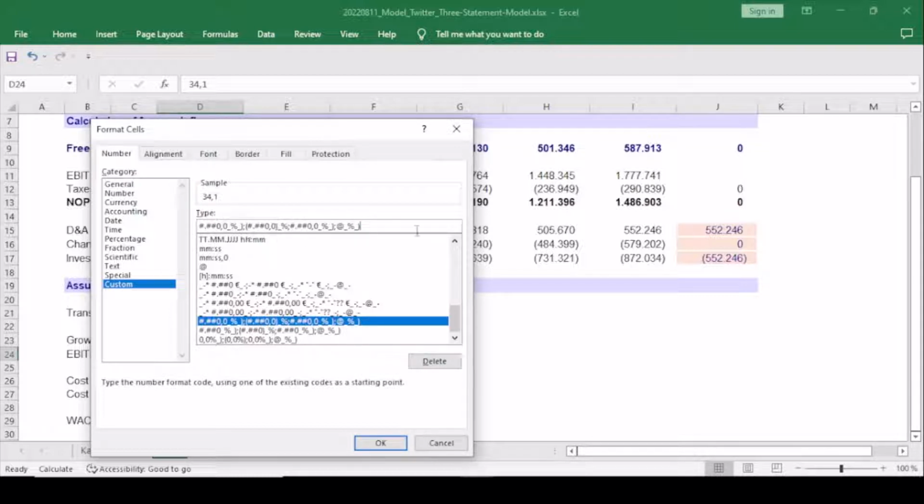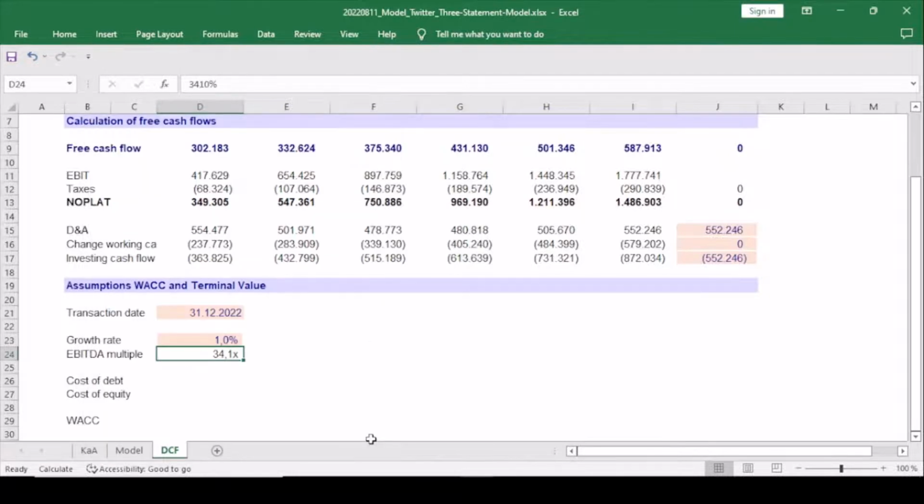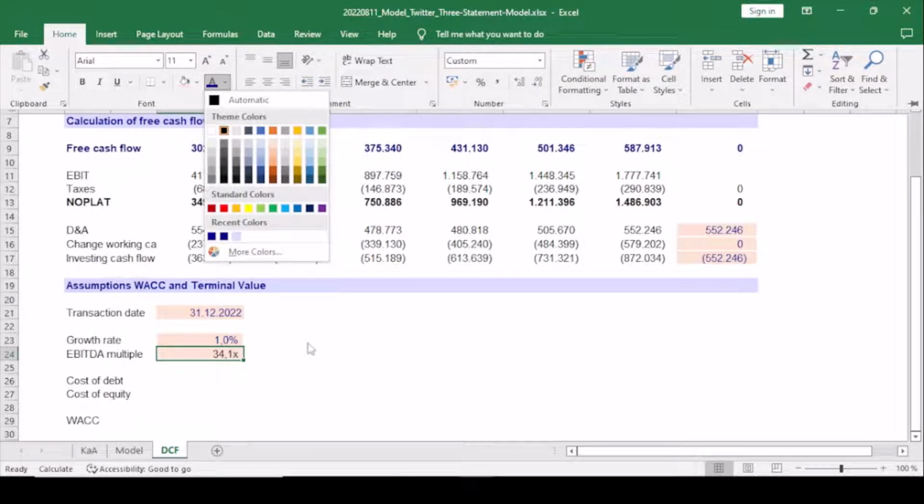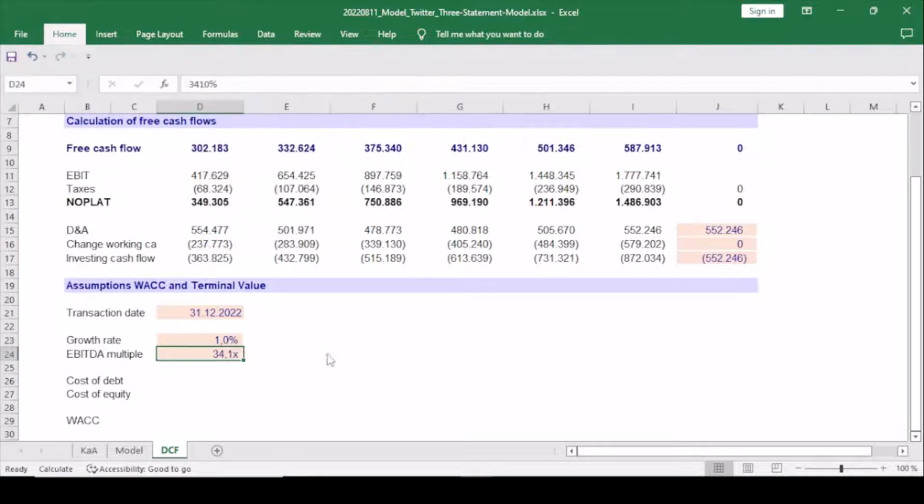So sorry on that. I'm usually working with a macro for formatting so that I don't have to dig into the menus.